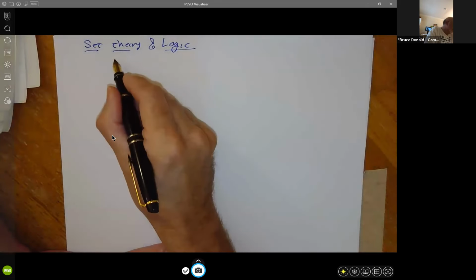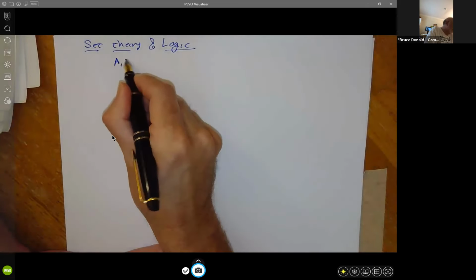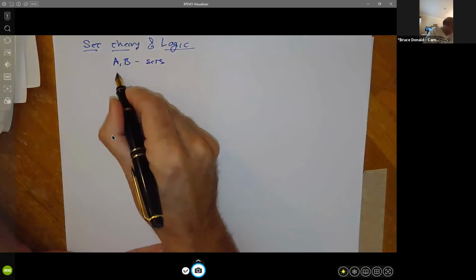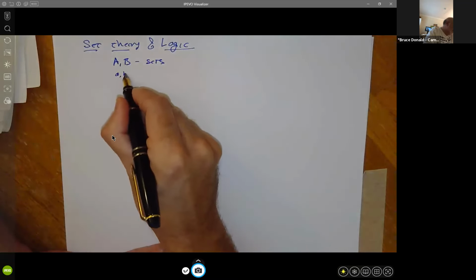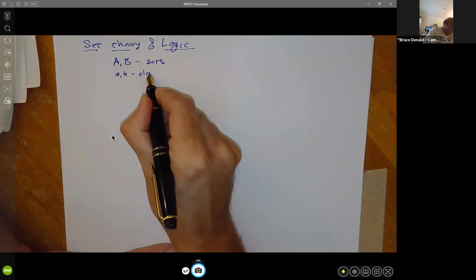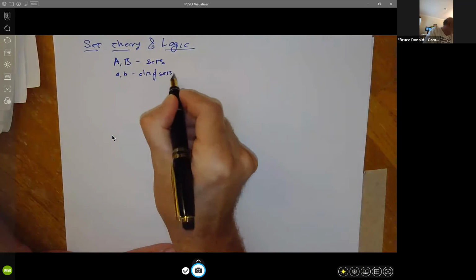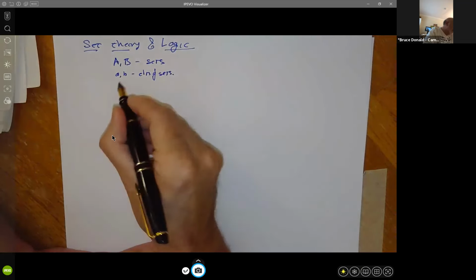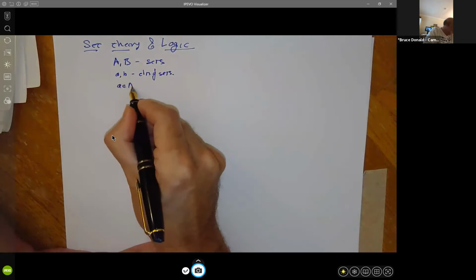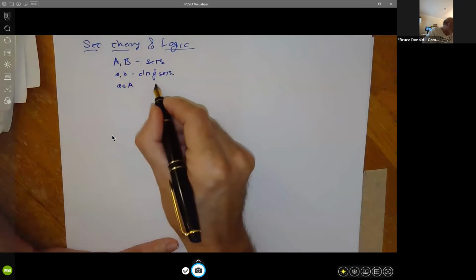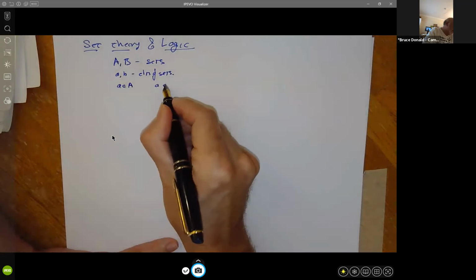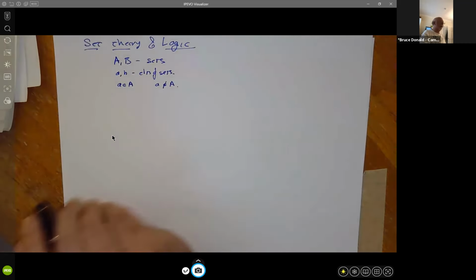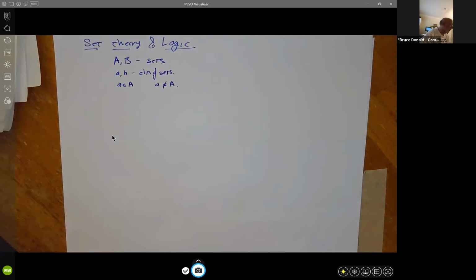So if I have sets, I'm going to denote them with capital letters like A and B. And lowercase letters like a and b, these are elements of sets. And if a belongs to a set A, we write that by a in set A like this. And if it does not, I write that by a is not in set big A like that. So little a, element of set, big set like this.